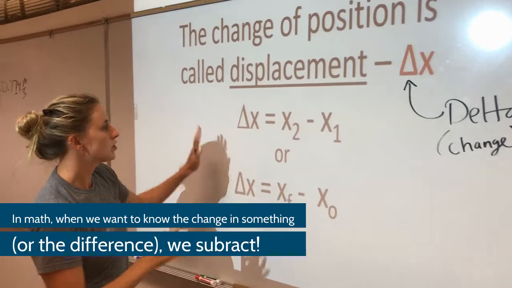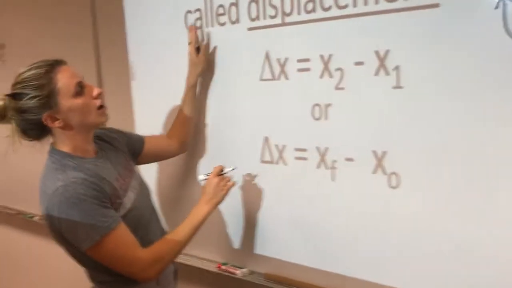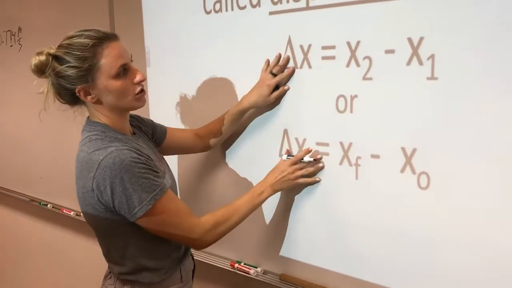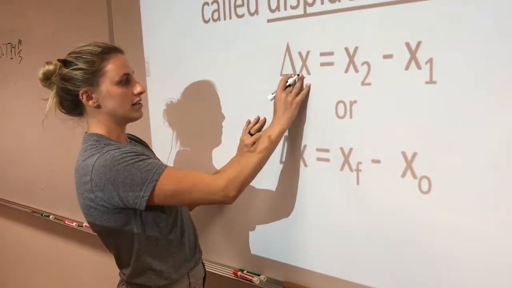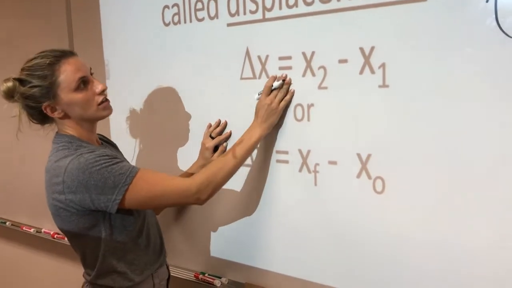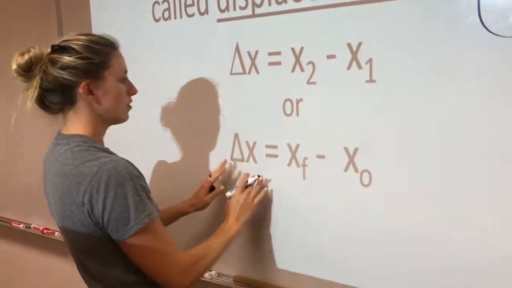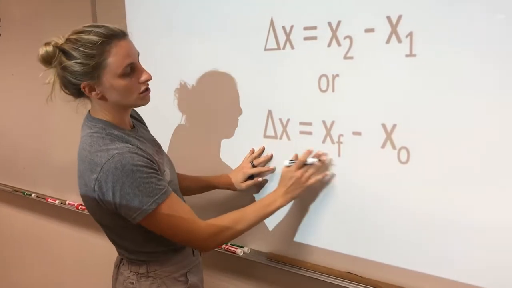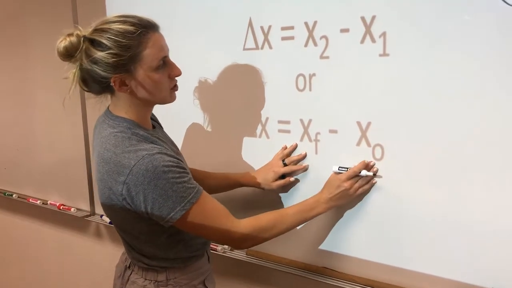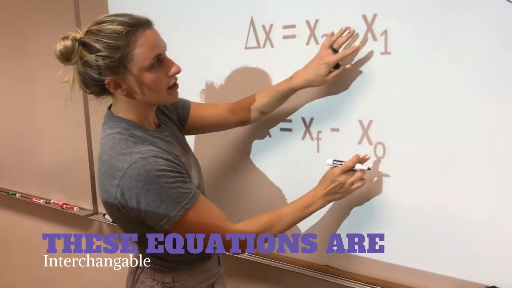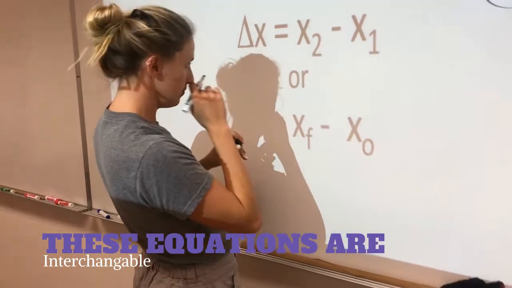All right, so then we have 2 different ways of writing these words in equation form. Delta x, the change in position, equals x2 minus x1. Or delta x, the change in position, is x final minus x original. These 2 mean the same thing.